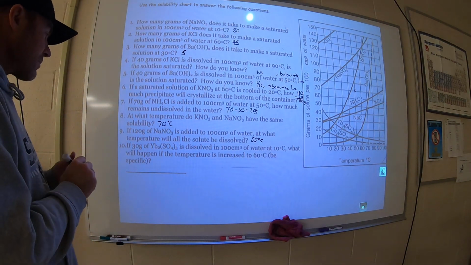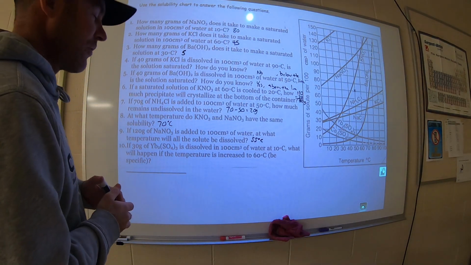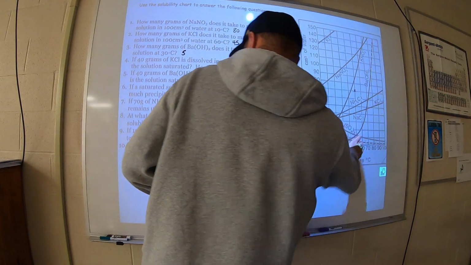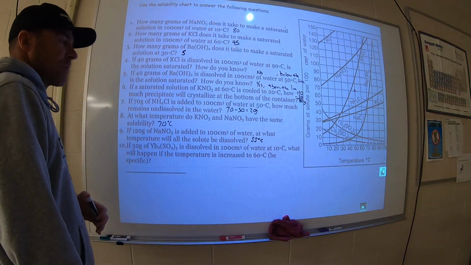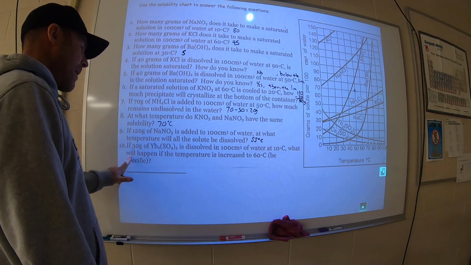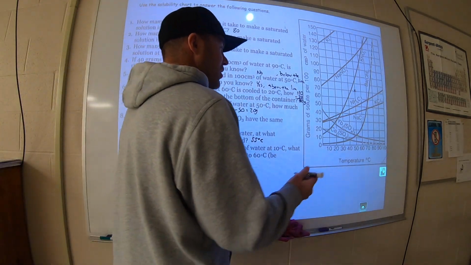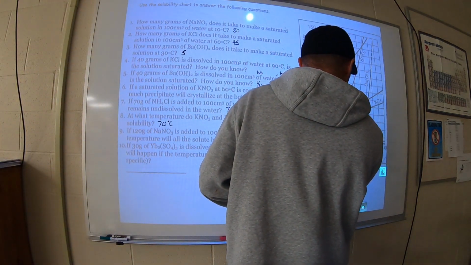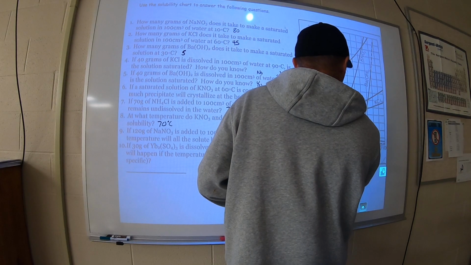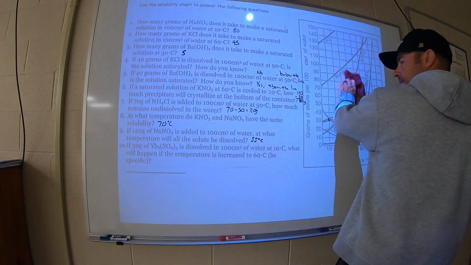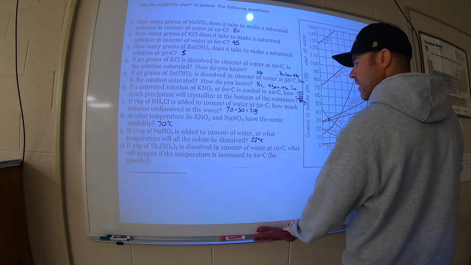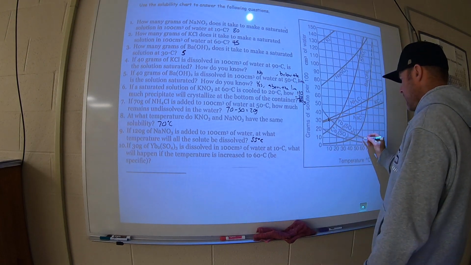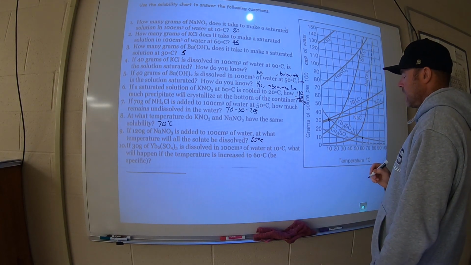And number 10, if 30 grams of rubidium sulfate, which is this line right here, is dissolved in 100 cubic centimeters of water at 10 degrees, what will happen if the temperature is increased to 60? So at 10 degrees, we have about 30 in there. It says be specific, and we increase the temperature to 60. At 60, we can only have 10.